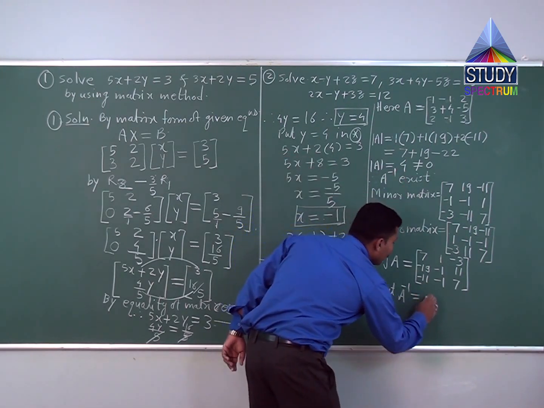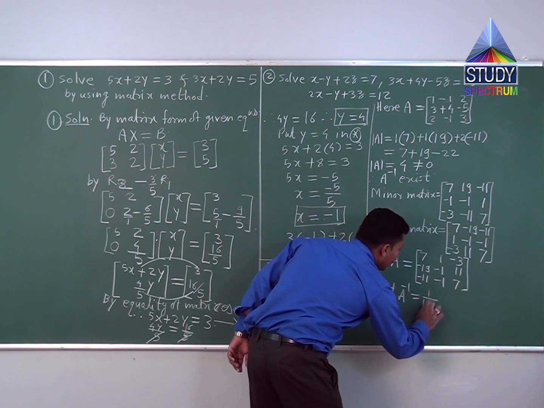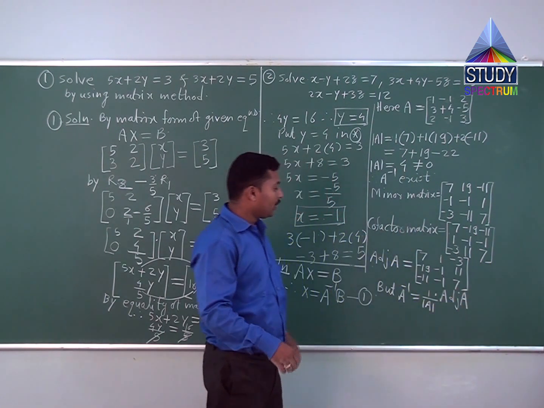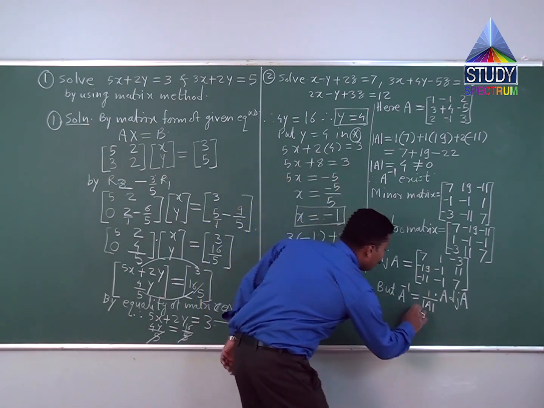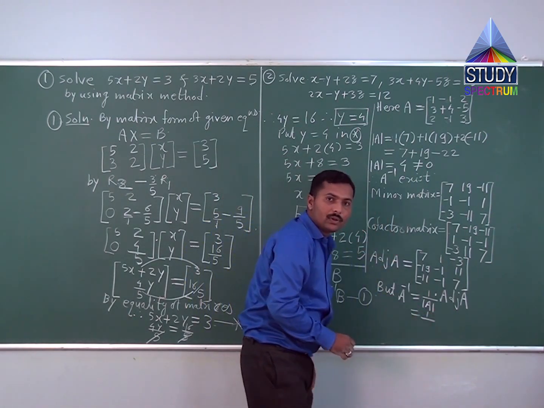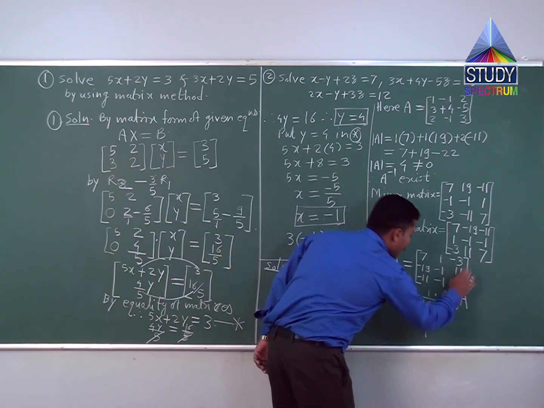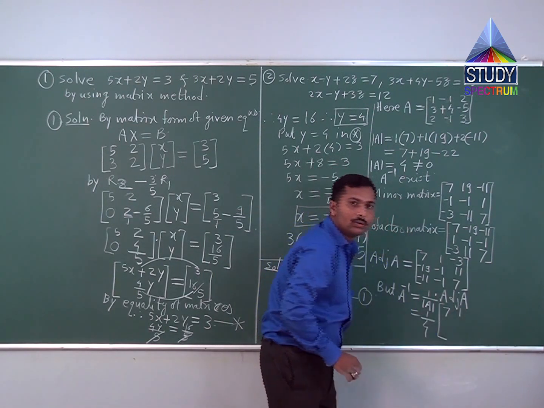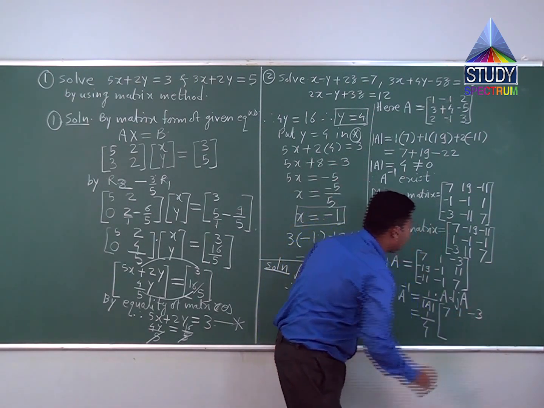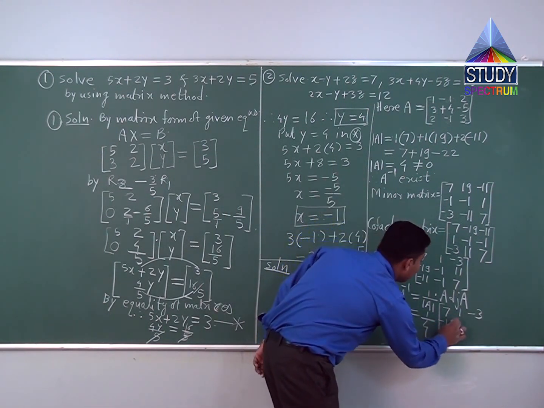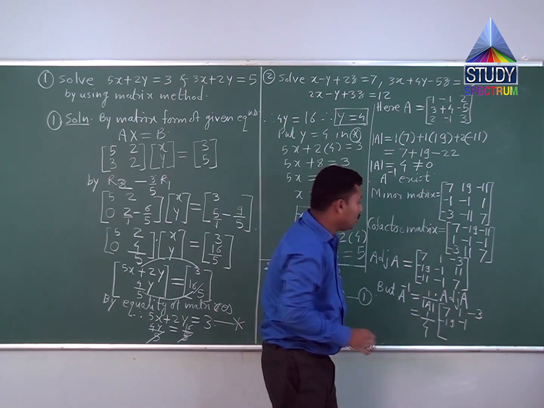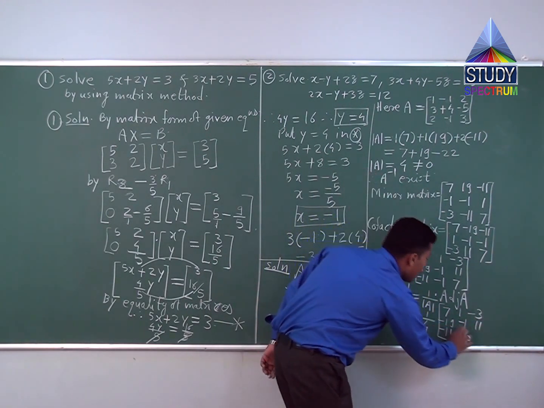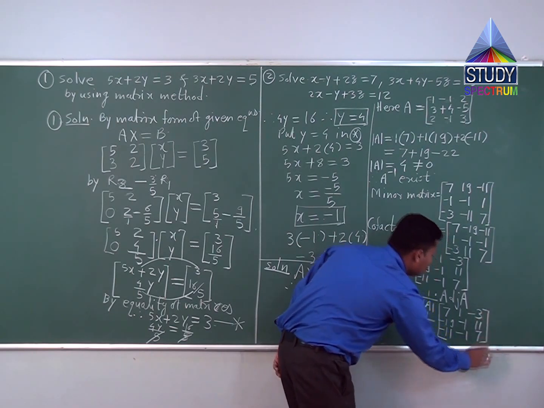So 1 upon determinant A into adjoint of A equals 1 upon 4, and adjoint as it is: 7, 1, minus 3, minus 19, minus 1, 11, minus 11, minus 1, 7.